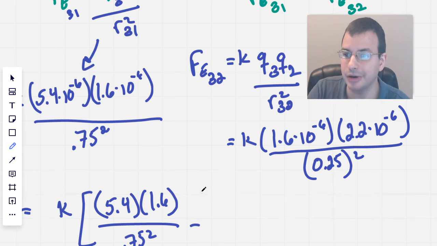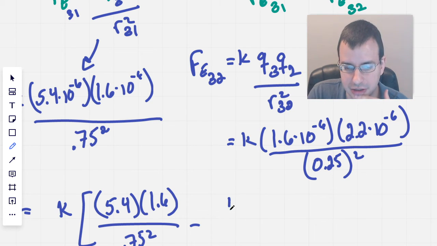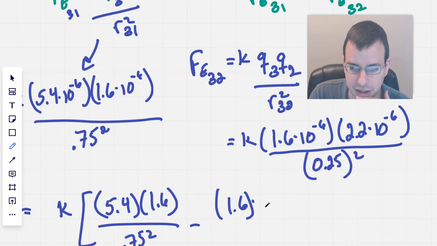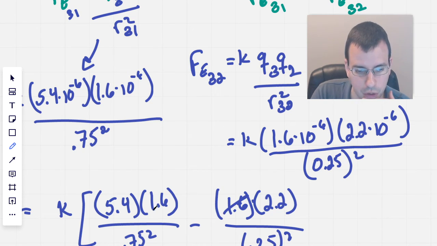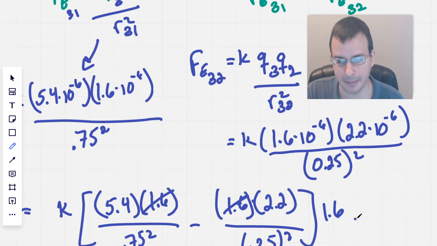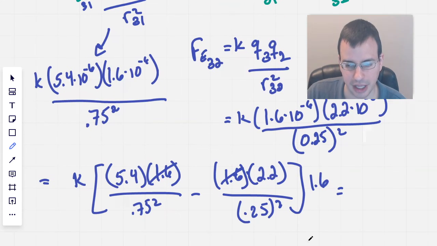So if I get a negative number, the actual total force is actually going to be to the right. 1.6 times 2.2 all over 0.25 squared. I'm going to do this real quick. Move that to the outside. Let's factor it out so my math is simpler.